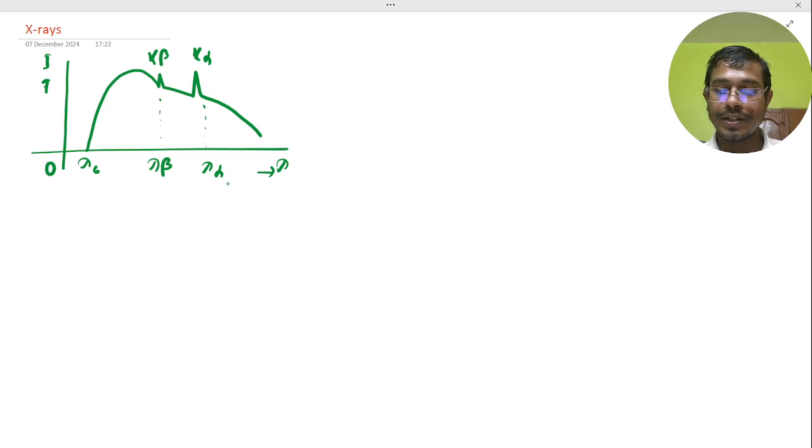The continuous curve represents the continuous X-ray. The kinetic energy of the electron is eV.